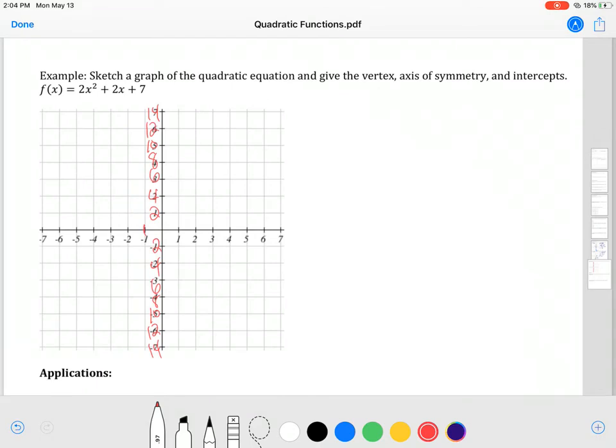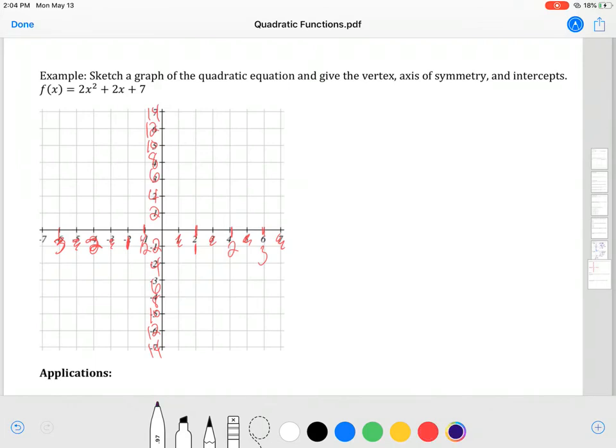So this would be a half. This would be 1. This would be 1.5. This would be 2. This would be 3. That way it's scaled in a way that it's easier to graph.